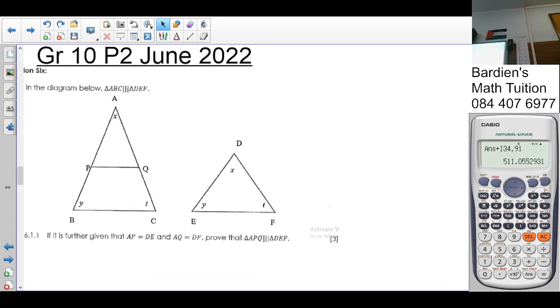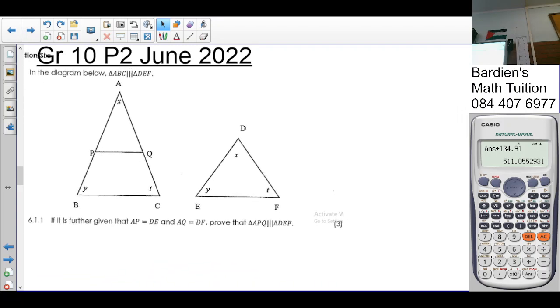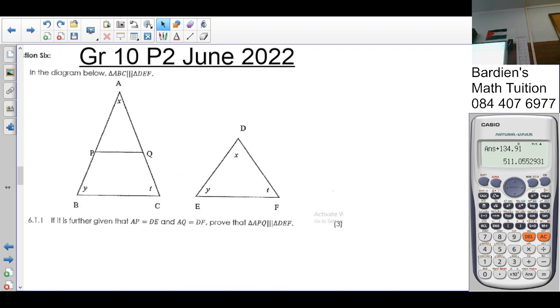So here we are told in question 6, in the diagram below, triangle ABC, which is a big triangle, is similar to triangle DEF. Nice. The question says prove that.